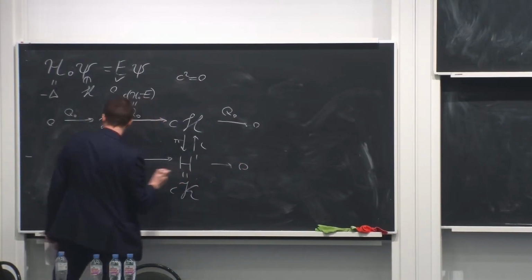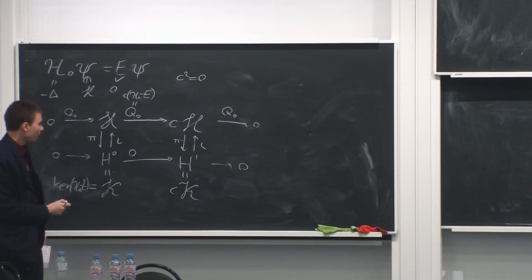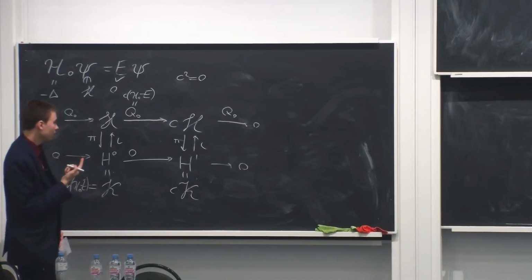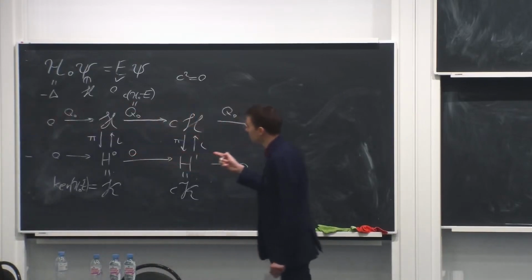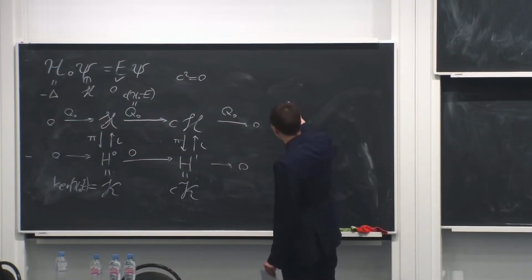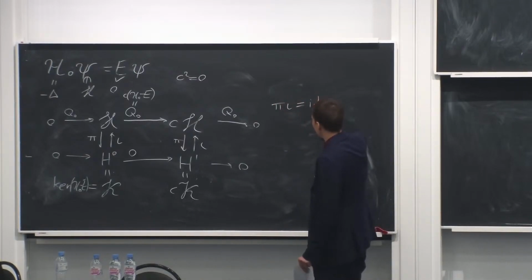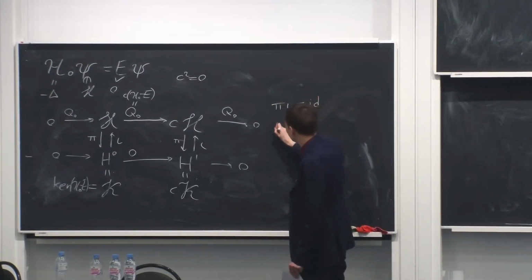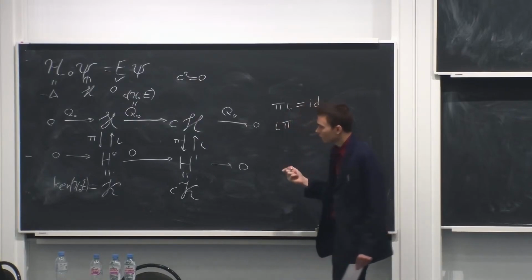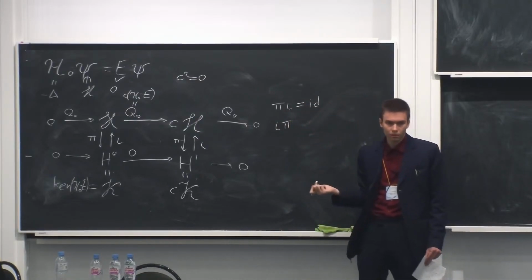And again, here it doesn't matter. So if you take first iota and then pi, you would obviously get the identity. But if you compose them in the other order, you shouldn't.